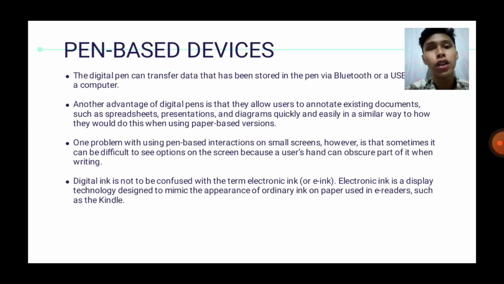Third, one problem with using pen-based interaction on small screens, however, is that sometimes it can be difficult to see options on the screen because the user can obscure part of it when writing.